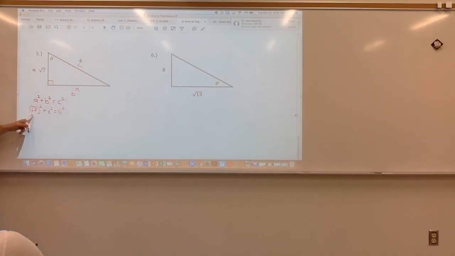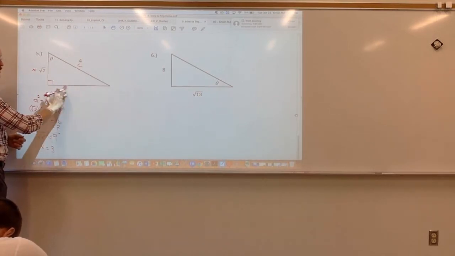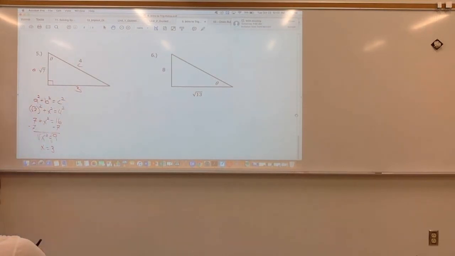What's the square root of 7 squared? 7. So we have 7 plus x squared equals 16. Subtract 7 from both sides, then take the square root, and we get that x is equal to 3. So I'm just going to erase my x and write 3.